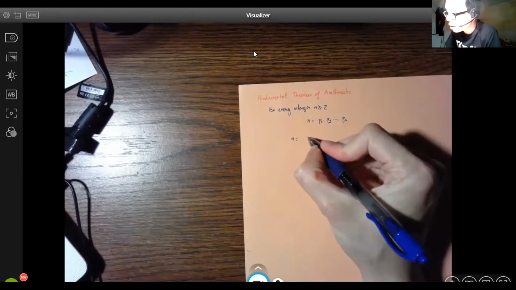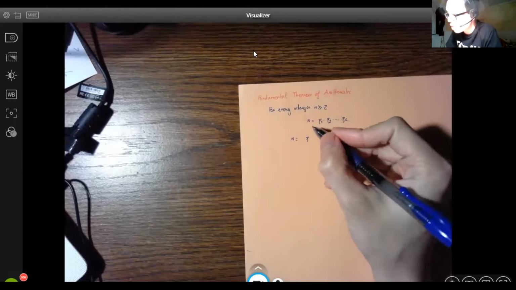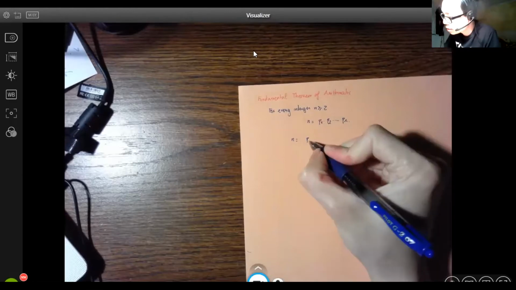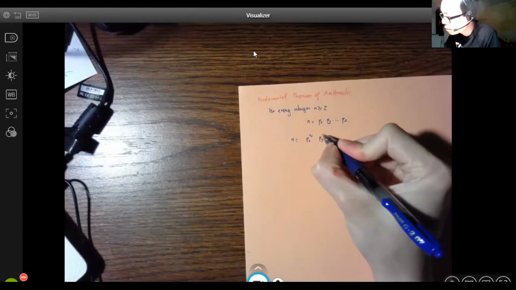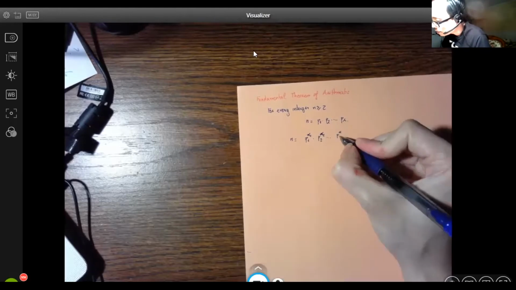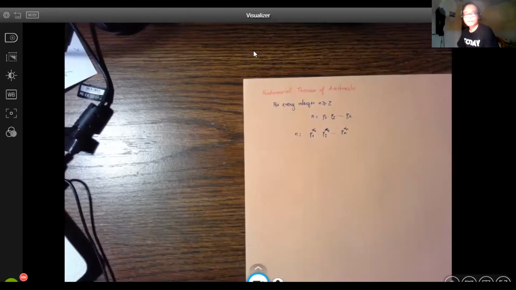It can be written as the product of distinct powers of primes. So it could be p1 to the r1 times p2 to the r2 times p... I think I should use another letter. It should be p1 to the alpha 1, p2 to the alpha 2, up to pn to the alpha n. Right.